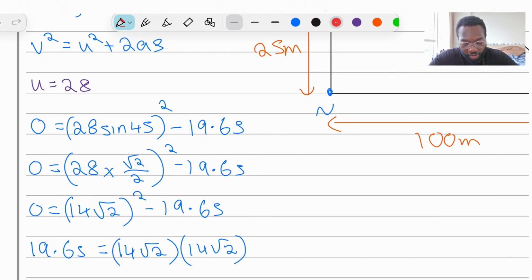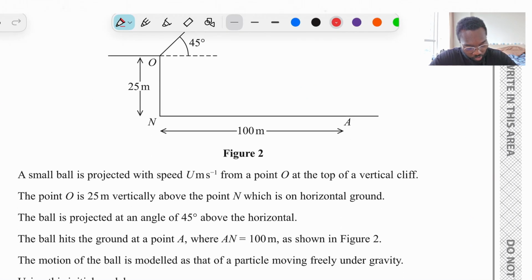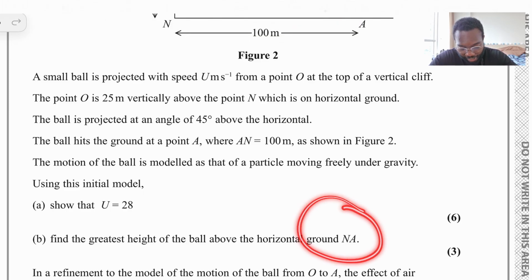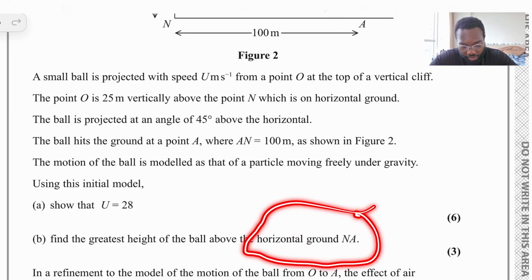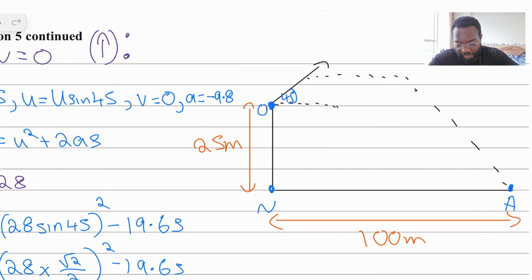So it wants to find the greatest height. Now, if we go back to the question, it wants us to find the greatest height above the horizontal ground at A. So above the horizontal ground at A. So we know that if this is A, okay, we know that this is A here. Well, we know that we already start 25 meters above the ground.